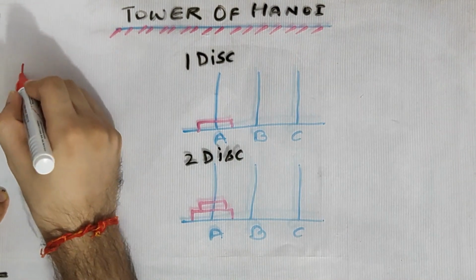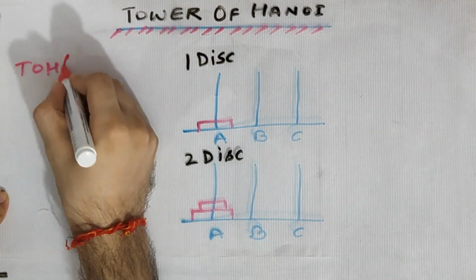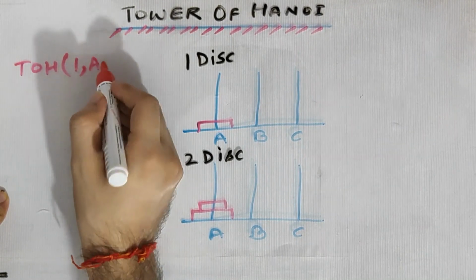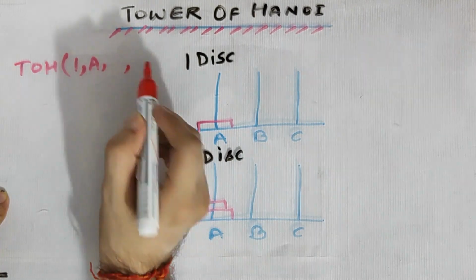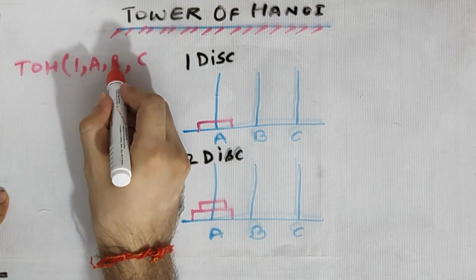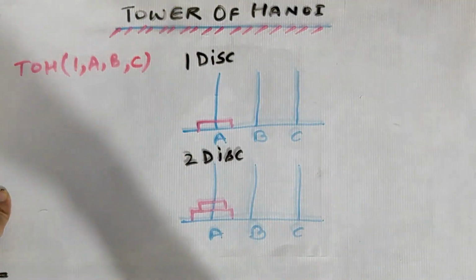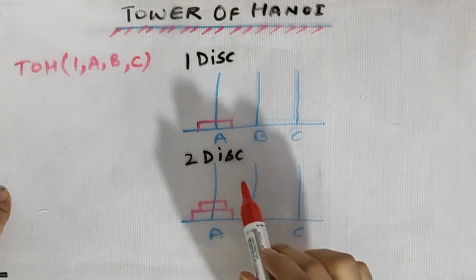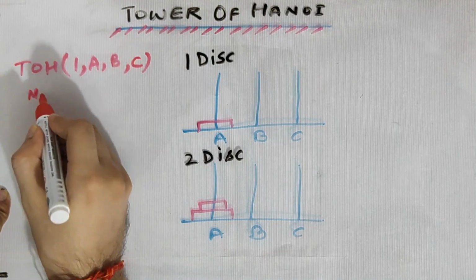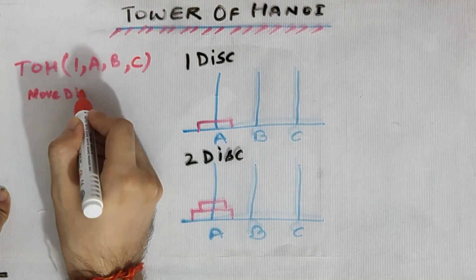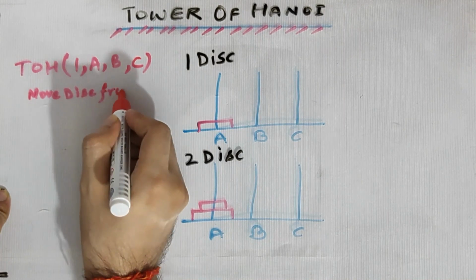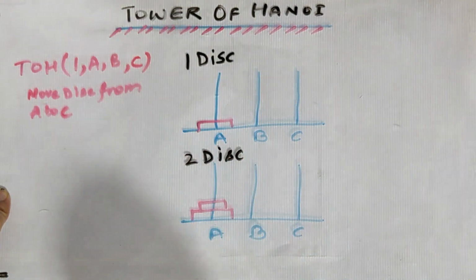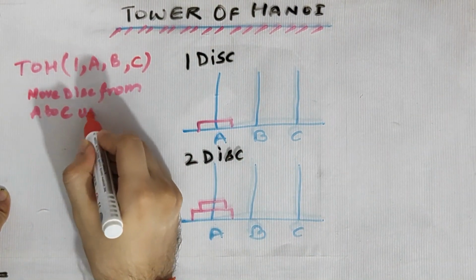For one disk, let us make a function, say TOH, with one disk, and we have to move the disk from A to C using tower B. Now we have only one disk, so we will simply move that disk from A to C. We will write "using B" to generalize it later.